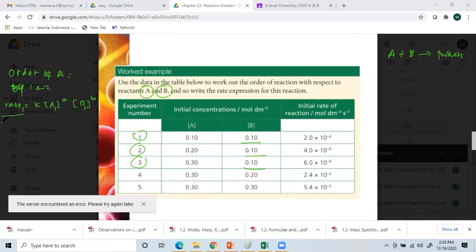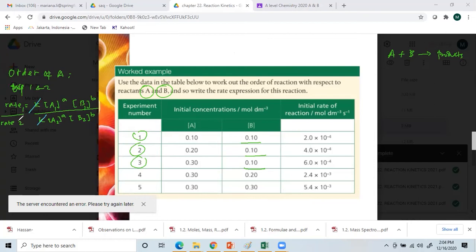And then I will compare with rate 2, k times concentration A in the second experiment, times B in the second experiment. You can see that the value of k will be constant in experiment 1 and experiment 2, because we keep the temperature constant during this reaction. We just change the concentration, so we can cancel this.